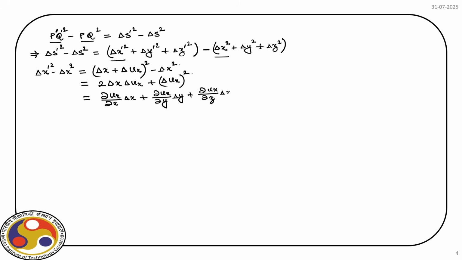So, times delta z whole square plus we have 2 times delta x and then again we have this expression. So, right. Now, if we open the bracket, then obviously we will get all the terms.